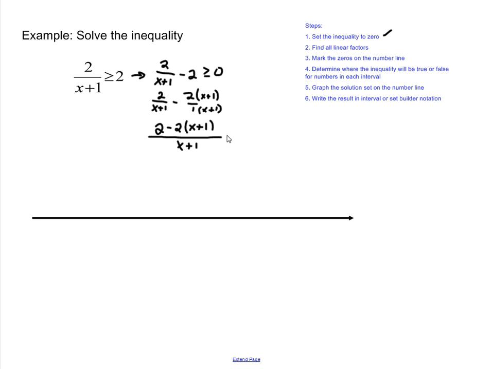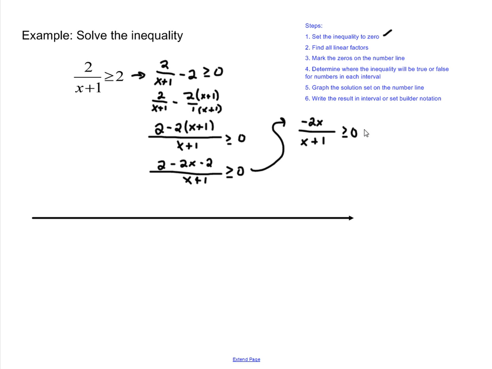So when I combine those together, remember this is all still greater than or equal to 0, I'm going to get 2 minus 2x minus 2 divided by x plus 1, still greater than or equal to 0, and this turns into negative 2x divided by x plus 1 greater than or equal to 0.